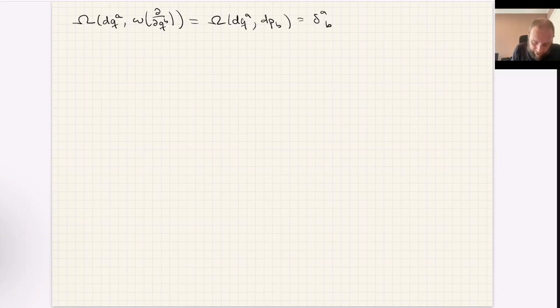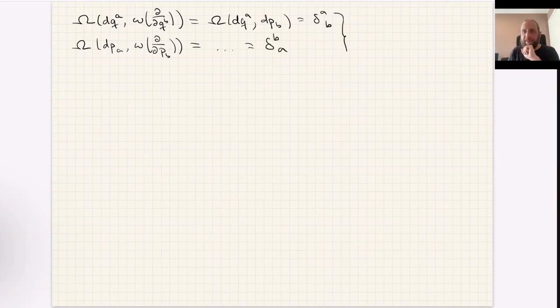And I can do a similar thing here for the P's. dPA, I can plug in omega of dPB, and in the same way, what I get out is delta, in this case, BA, right?